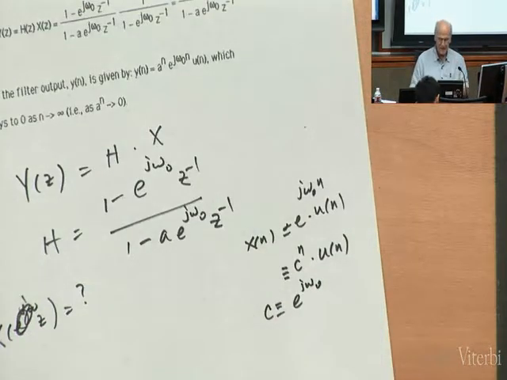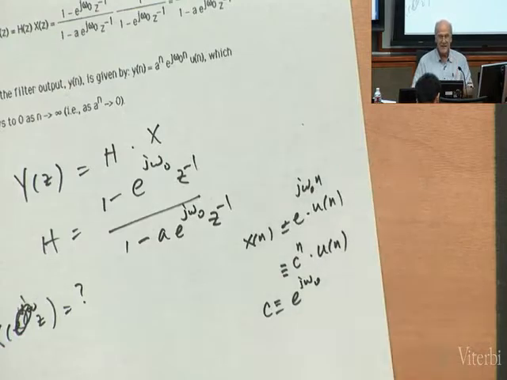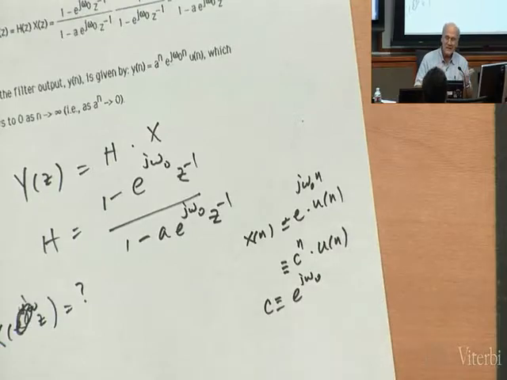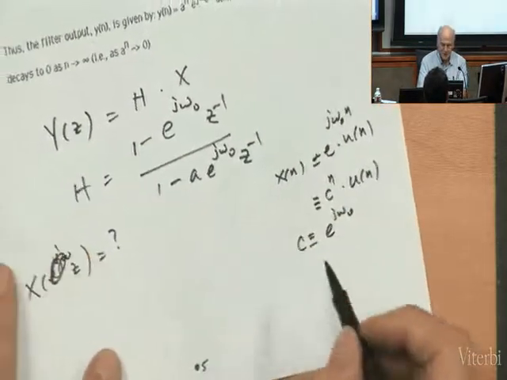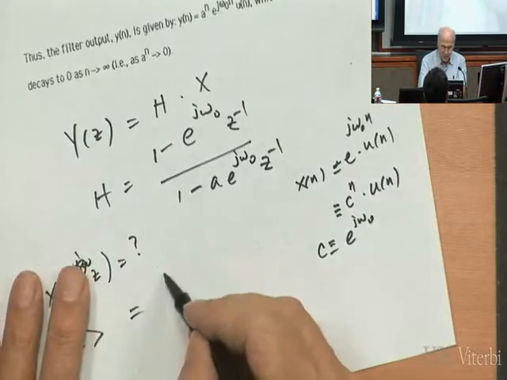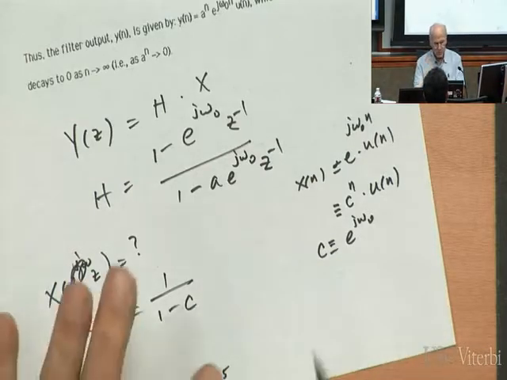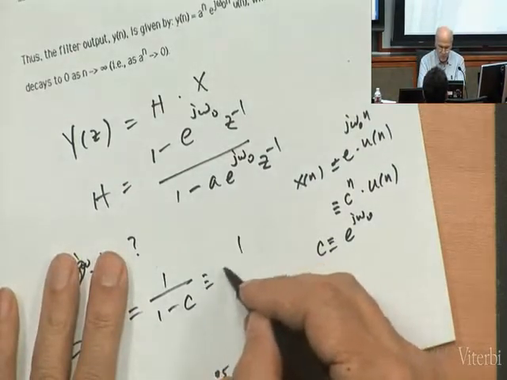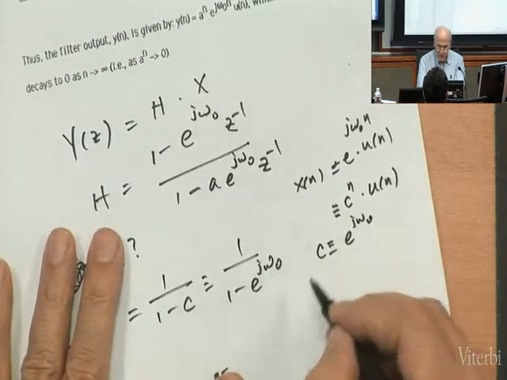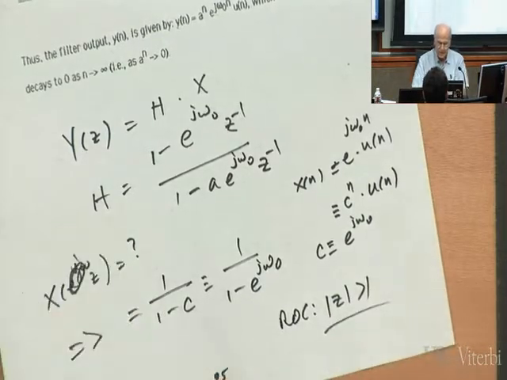That's x of n in this case. Now, c to the n times u of n is a right-sided geometric sequence. That automatically implies that X of z has got to be 1 over 1 minus c, which is equal to 1 over 1 minus e to the j omega naught z inverse, with ROC absolute value of z greater than 1. See that?